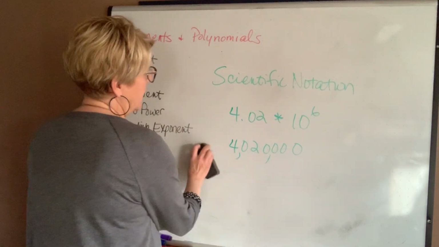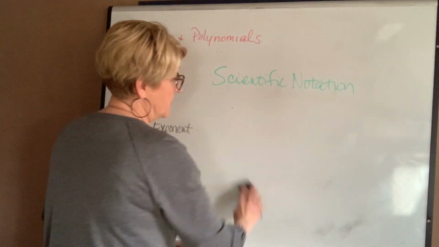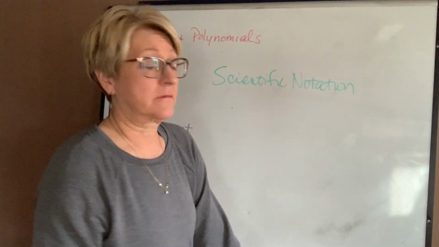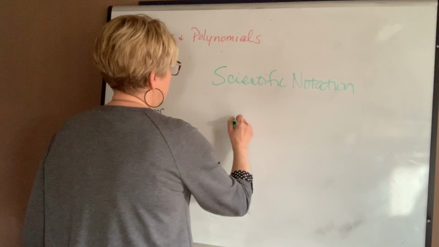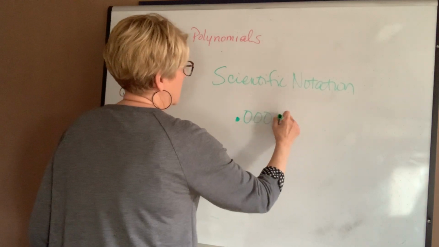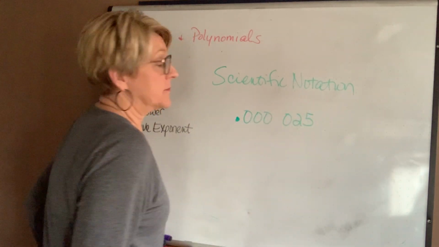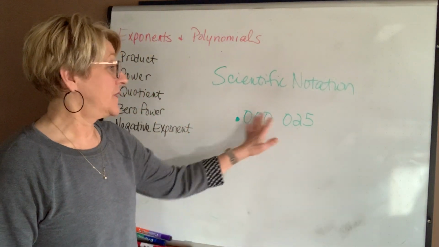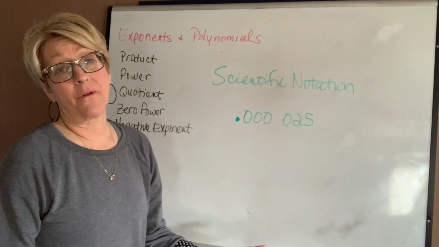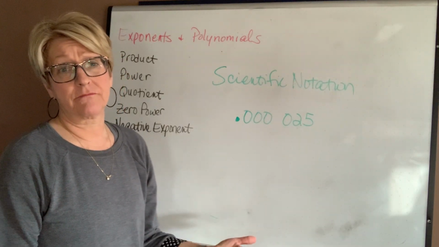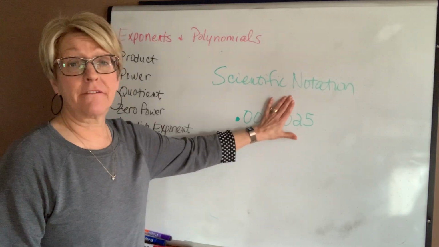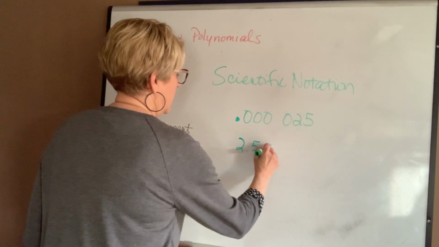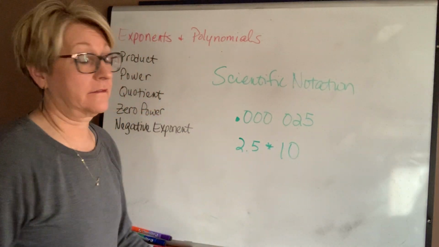Now I mentioned that we can use this also for very small numbers. What's a very small number? A decimal. So let's take this decimal. Yeesh, really teeny tiny, right? Okay. Using these digits, 2 and 5, we have to write a number between 1 and 10. Not 25, right? But 2.5. Okay.